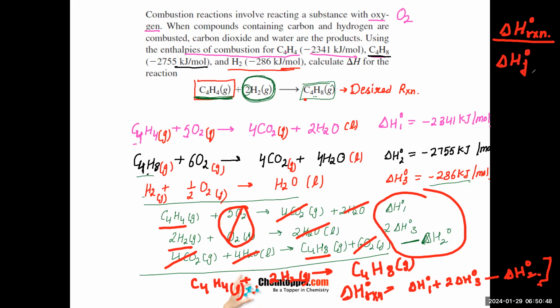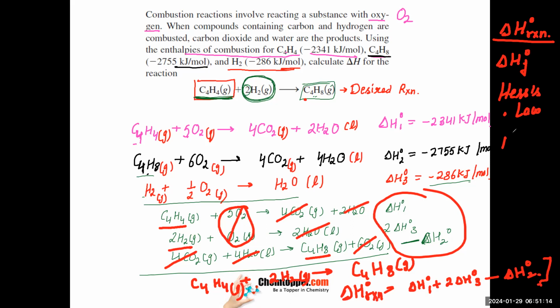We defined delta H naught formation, then we did questions based on that. Second method we did was Hess's law. Hess's law means multiple equations are given, just adjust them, rearrange them, multiply, reverse, whatever, to get the desired equation. This is the second method.